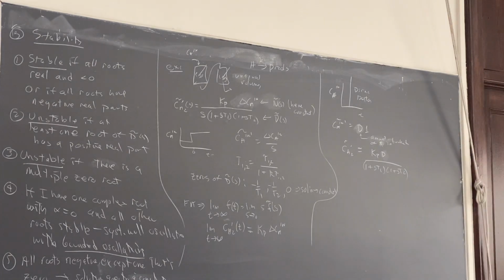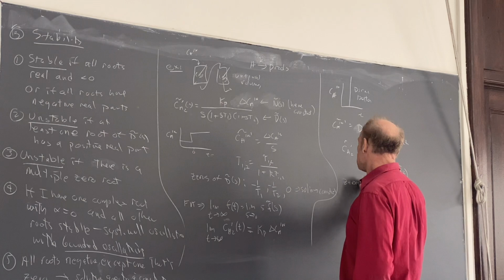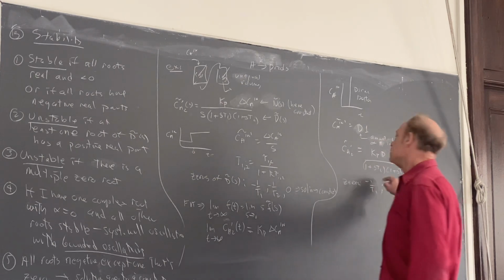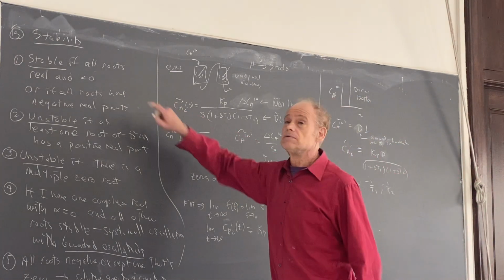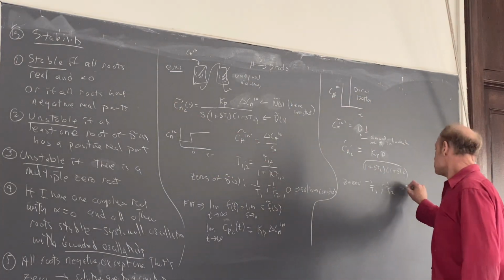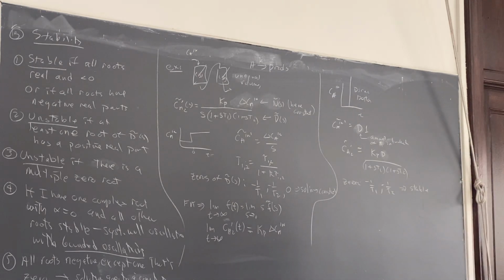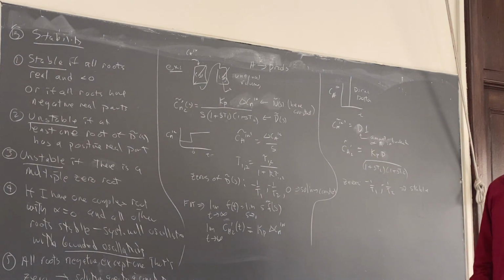And notice the roots, the zeros, now are minus 1 over t1 and minus 1 over t2. There is no 0 root. So this is stable. And what does stable mean? Well, let's look at the long time solution.